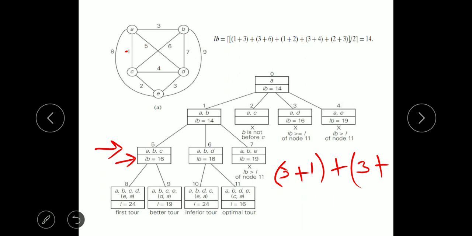Now B to C will be 6, plus the next vertex we go on to, C.